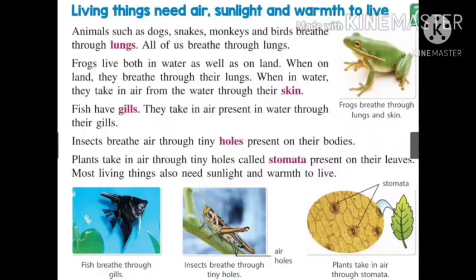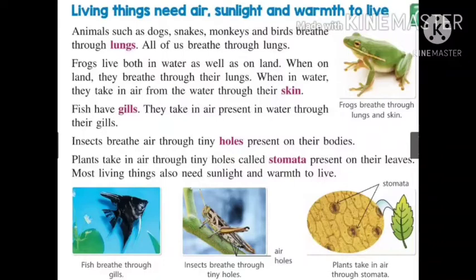When in water, they take in air from the water through their skin. Fish have gills. They take in air present in water through their gills. Insects breathe air through tiny holes present on their bodies. Plants take in air through tiny holes called stomata present on their leaves.